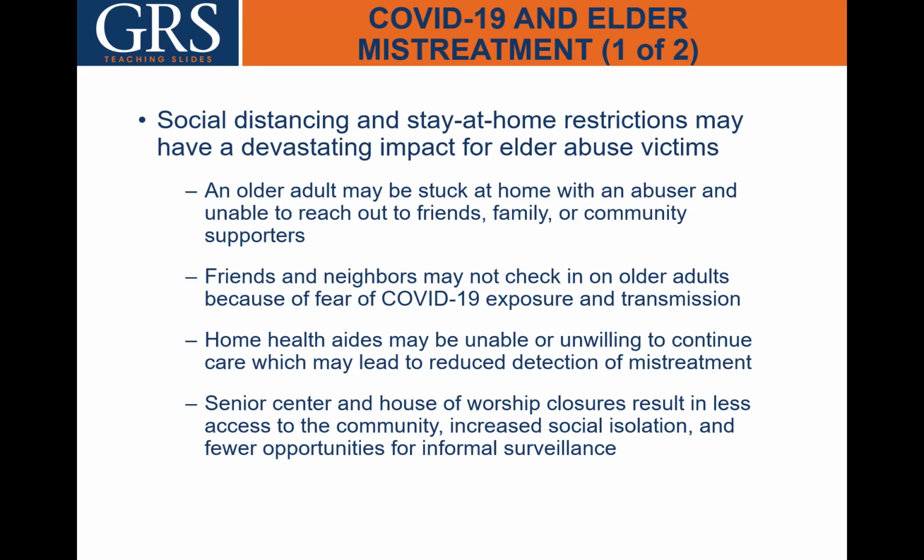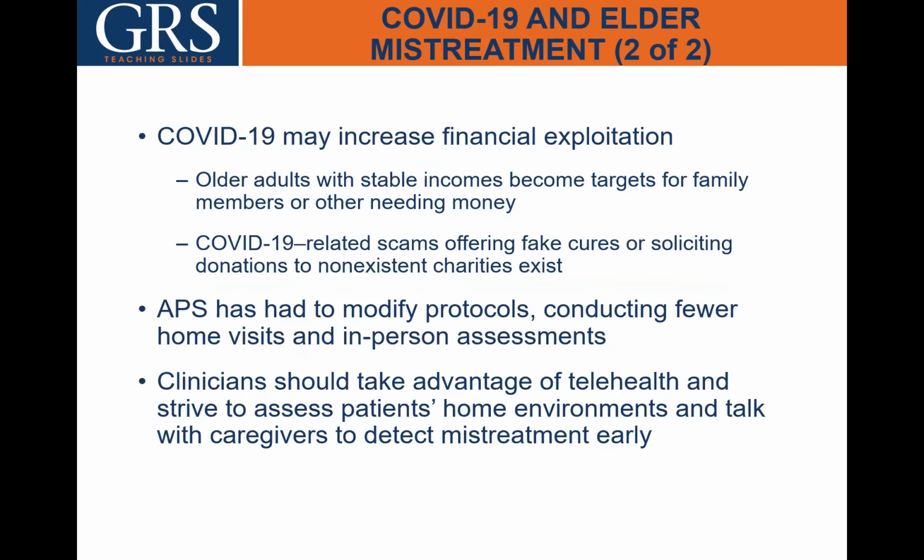Friends and neighbors may not check in on older adults because of fear of COVID-19 exposure. And also home health aides may be unable or unwilling to continue care. Senior center and house of worship closures can also be a reason that the older adult cannot ask for help from others.